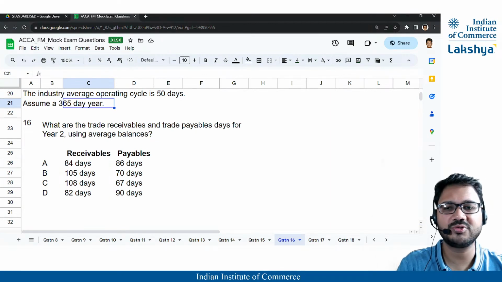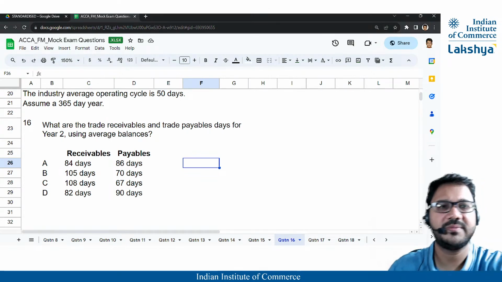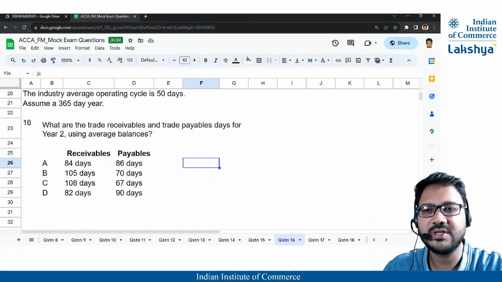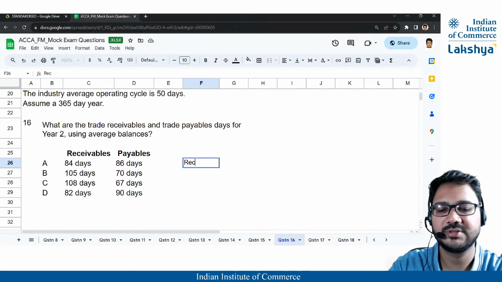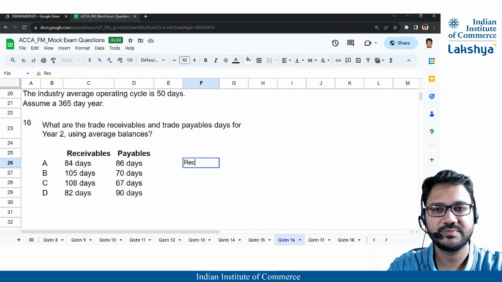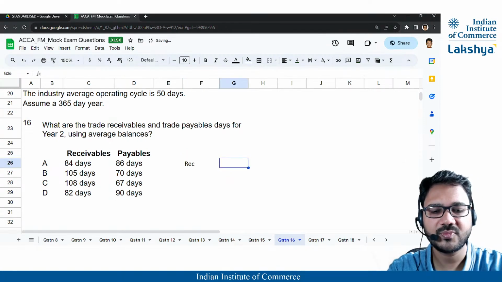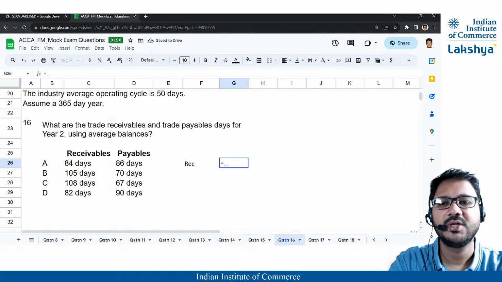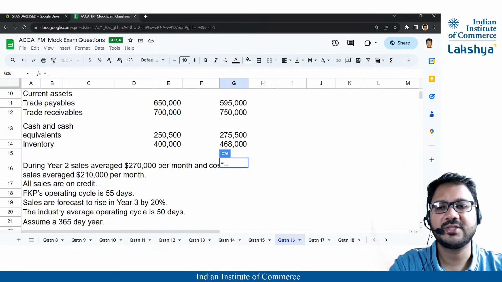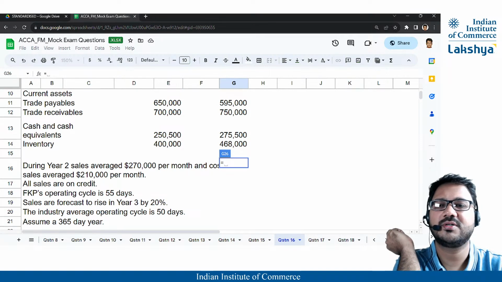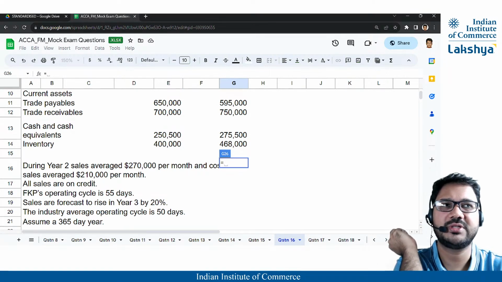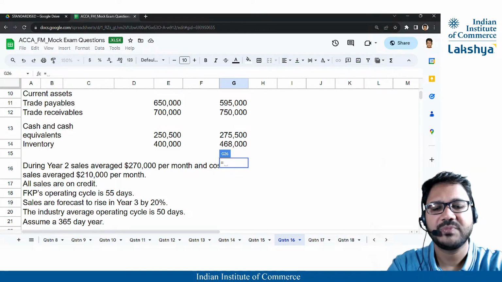So we have already used it in section A. Okay, same formula. So here we have to find the period. So we'll just write receivables. Now receivables, if you know, you will take the receivable value divided by what they are being valued on. It will be credit sales into 365 days. Okay, so you will take your receivables.